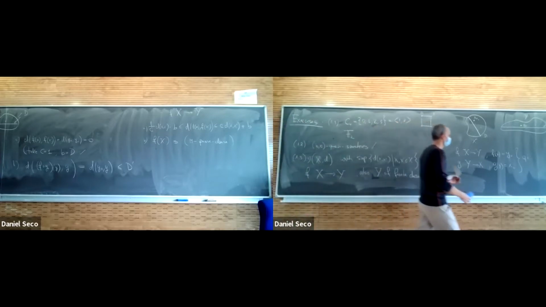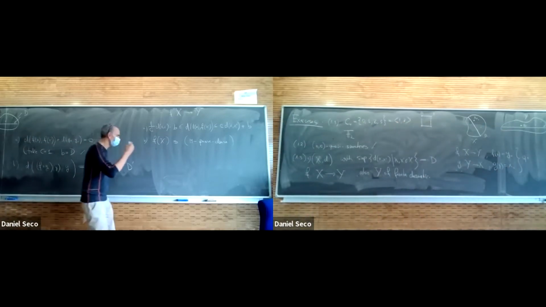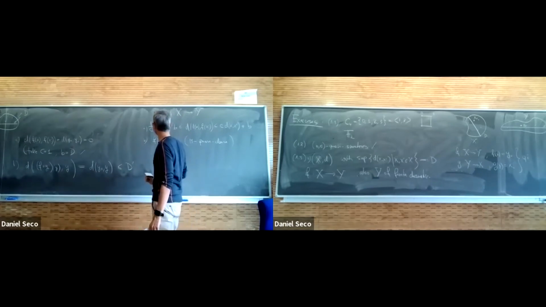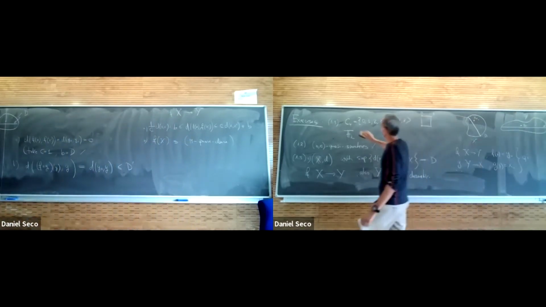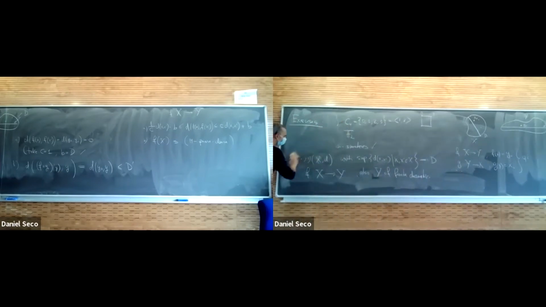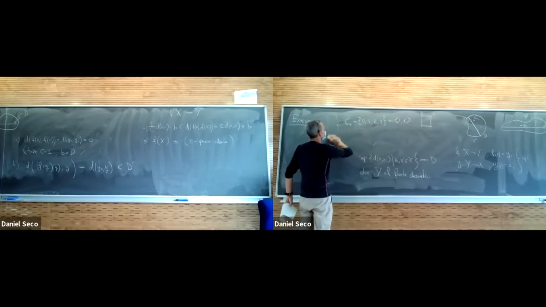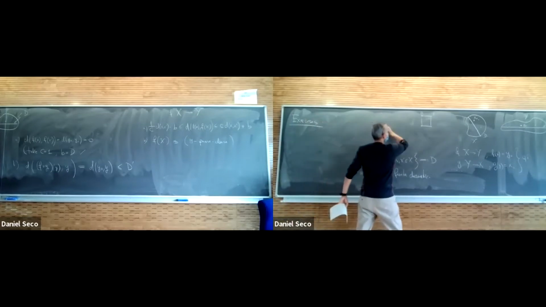Let me say a few things about part B, which is also very nice and improves the intuition about these quasi-isometries. You have to get accustomed. I'm still on the way to get accustomed to them.